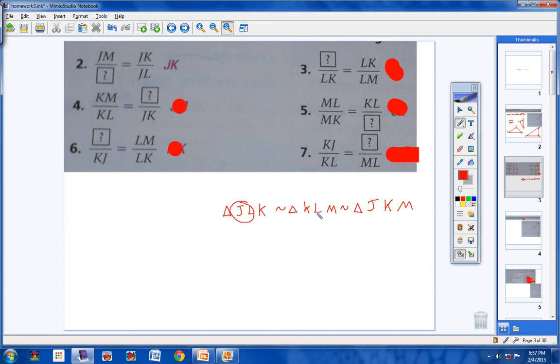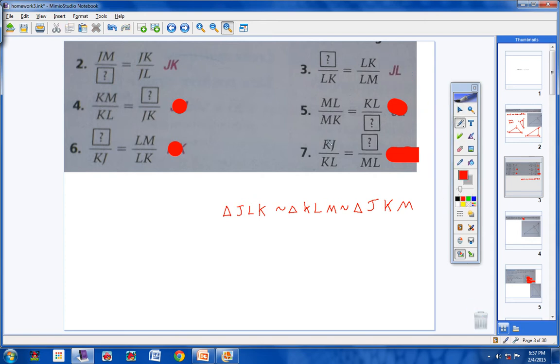Hold on. Oh, here it is. Okay. LK over LM equals JL over LK, which is what I have right there. That's it. That's perfect. Alright, let's take a look at the next one here.